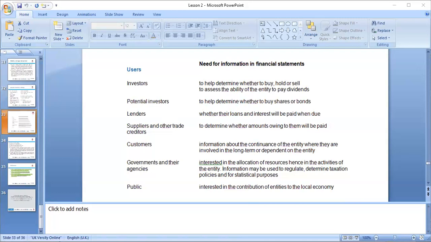Can we look at this need for information in financial statements?